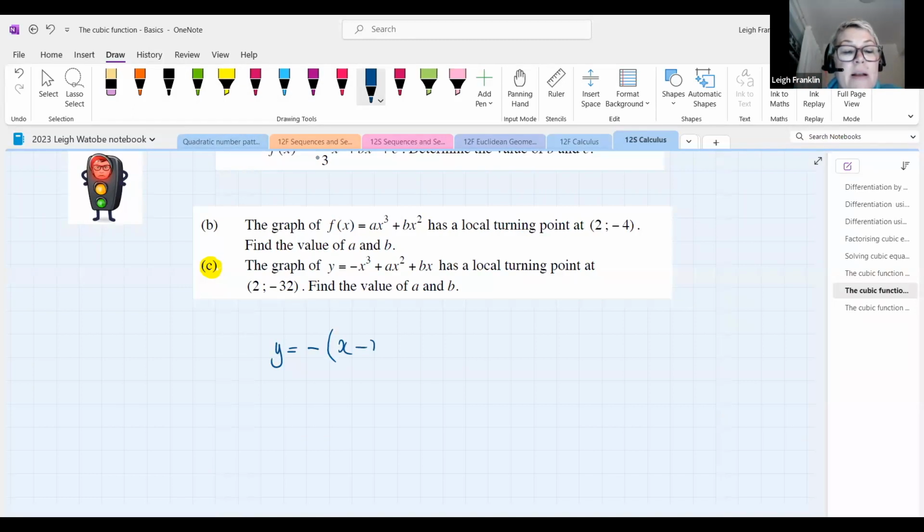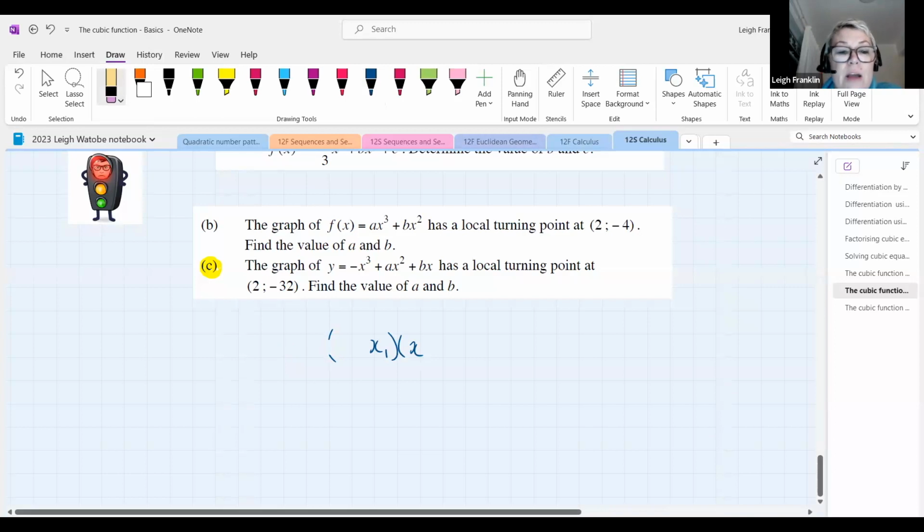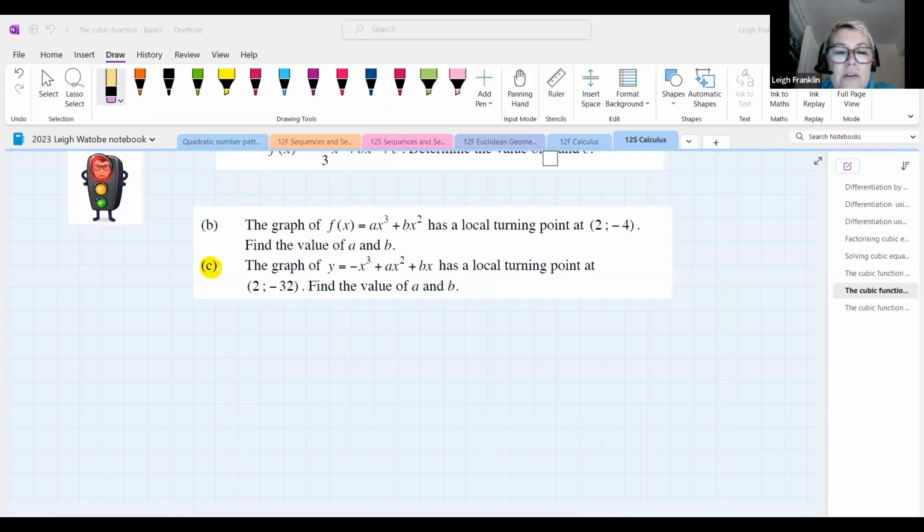So you've got x minus x1. And then over here, you'd have x minus, oh, but hang on. You know what the problem is, you can't do that. Do you know why that's not going to work? Yes. The reason it's not going to work is because you don't have any x-intercepts. You only have a turning point. Oh, turning point. Oh, I see.